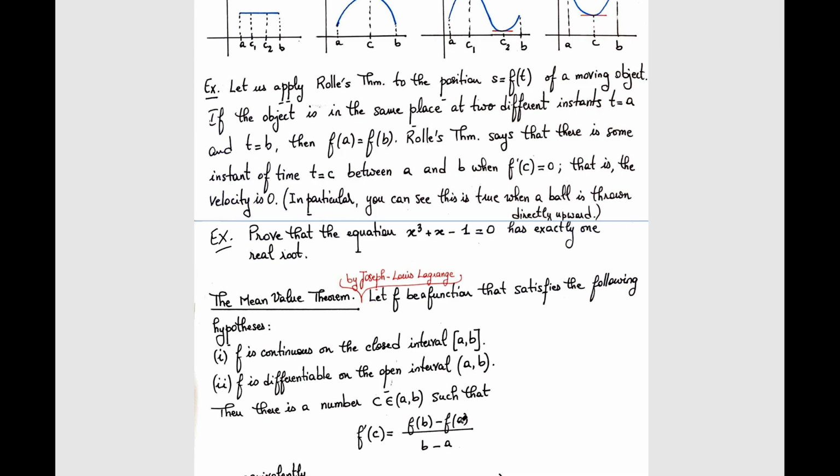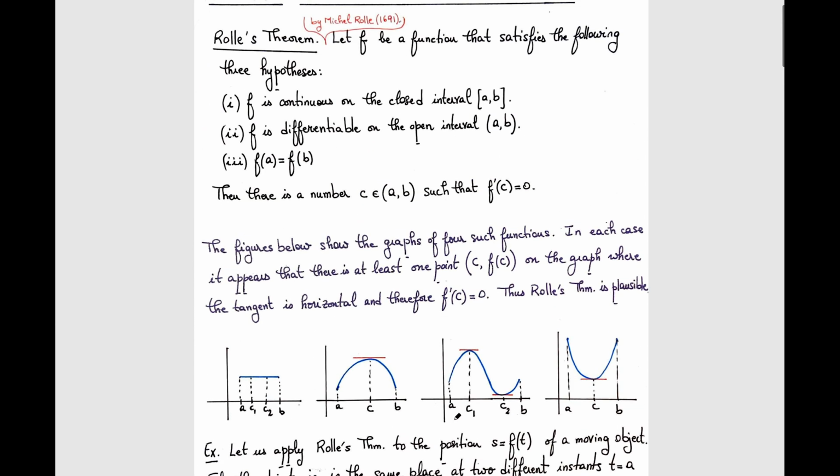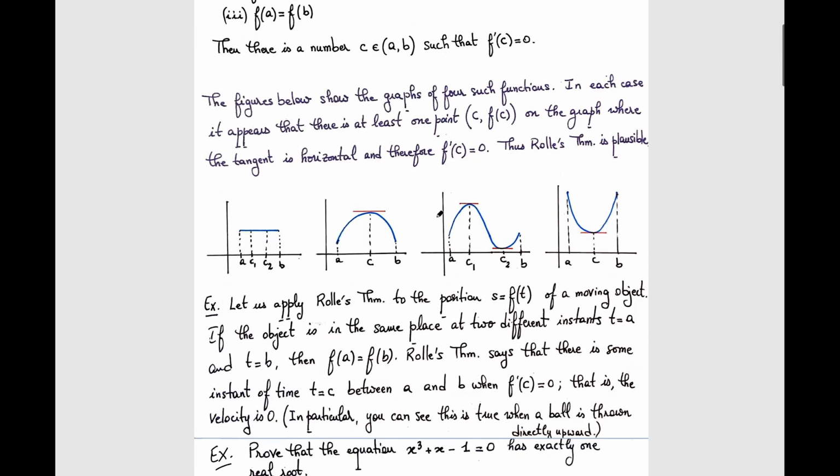If f of a and f of b are the same in addition to these two conditions, then this numerator is 0. And hence 0 divided by a non-zero entity is 0, which means f prime of c is 0. And hence you get Rolle's theorem for free. So it looks like the mean value theorem is a stronger theorem than Rolle's because it implies it. If in addition to the assumption you have in the mean value theorem, you assume the third condition in Rolle's, then you get the conclusion of Rolle's.